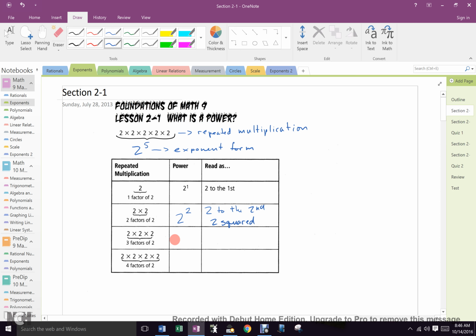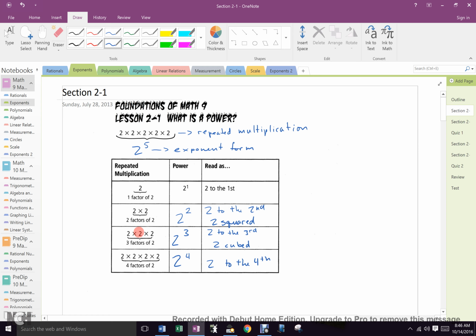Okay? What about this one? 2 to the 3. So we write it as 2 to the third or 2 cubed. And then 2 to the fourth. And there's no fancy name for that. We just say 2 to the fourth.